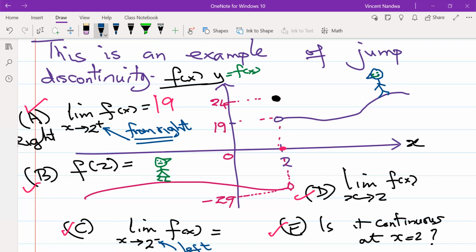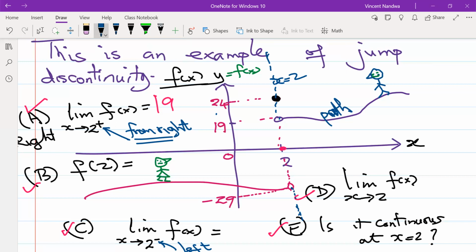And there are these two arms. Remember, this is the line x equals 2. So we want to see how we move toward this line from the right-hand side. Everyone will be able to see that this is the purple path. To reach the line x equals 2 from the right-hand side, you need to take this road in purple color.